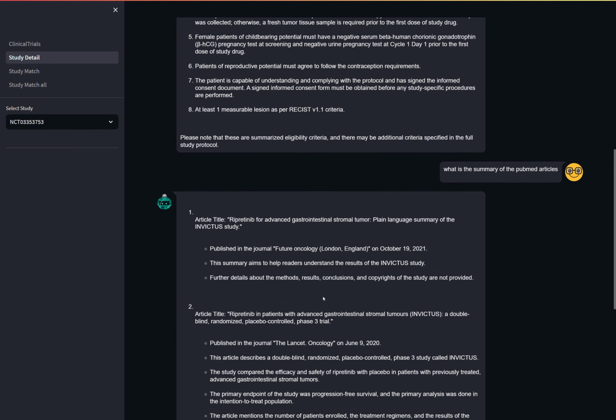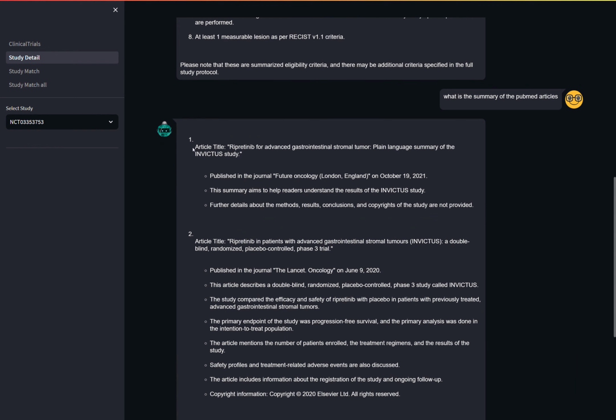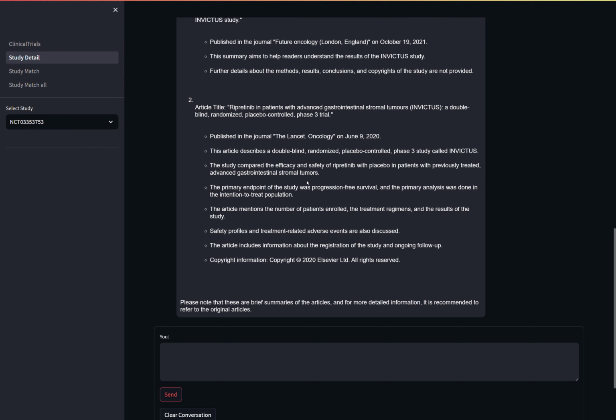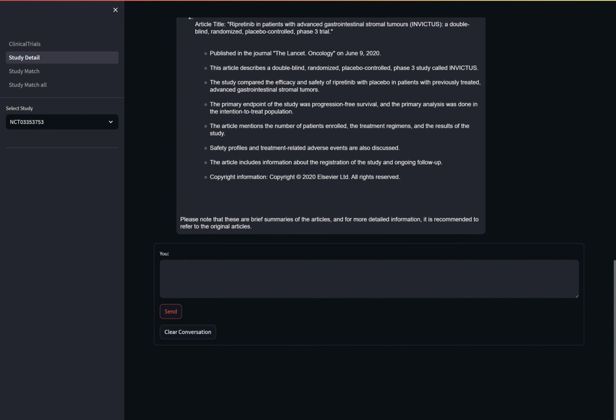GPT took article 1 and summarized what was published in that study, and then it took article 2 and summarized what was in that study. This is a very natural way for people to ask the questions they want of the study, and a lot more can be done with it.